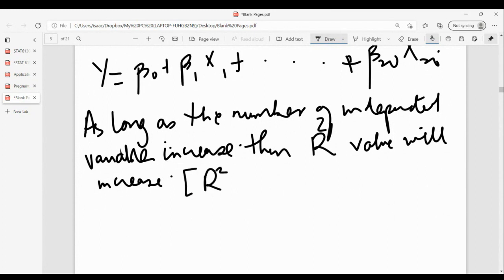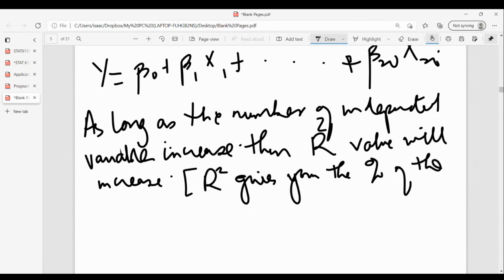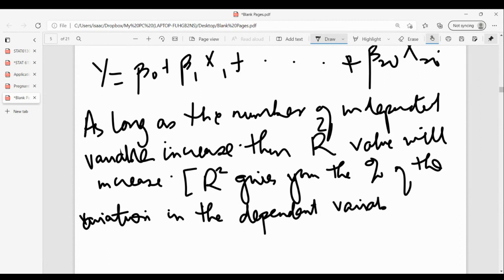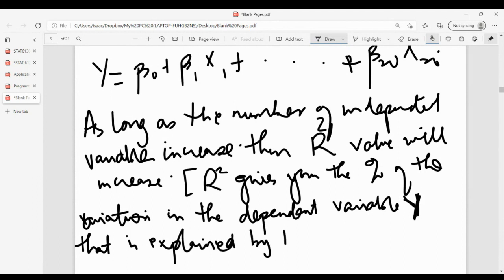And R squared just gives you the percentage of the variation in the dependent variable y that is explained by the independent variables.